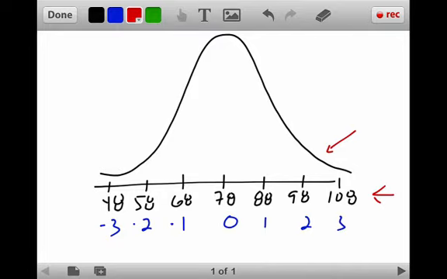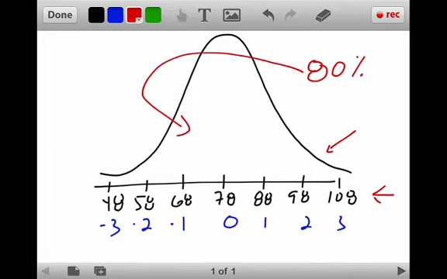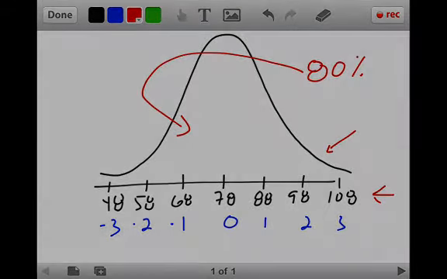One thing to keep in mind: worse than 20% of the other scores is the same as saying better than 80%. If we're using the term better than 80%, all of a sudden we are dealing with this side of the distribution. So keep in mind this 80%, because now we need to use the table to find the z-score equal to 80% of the distribution.